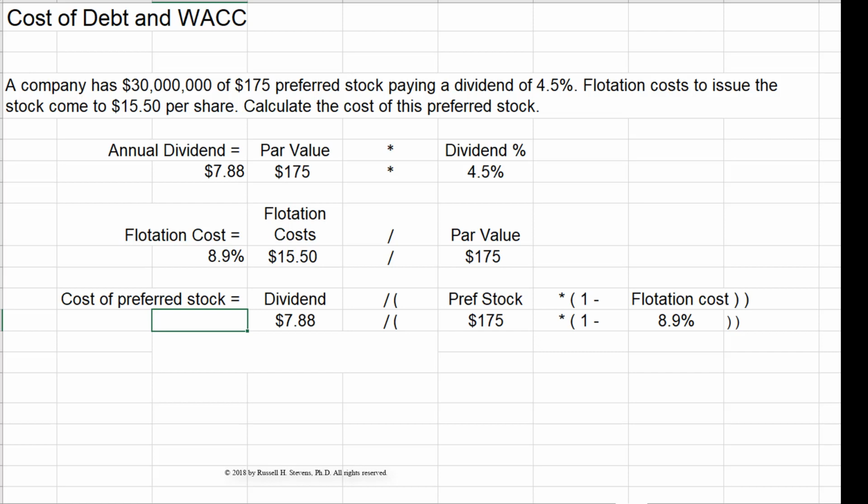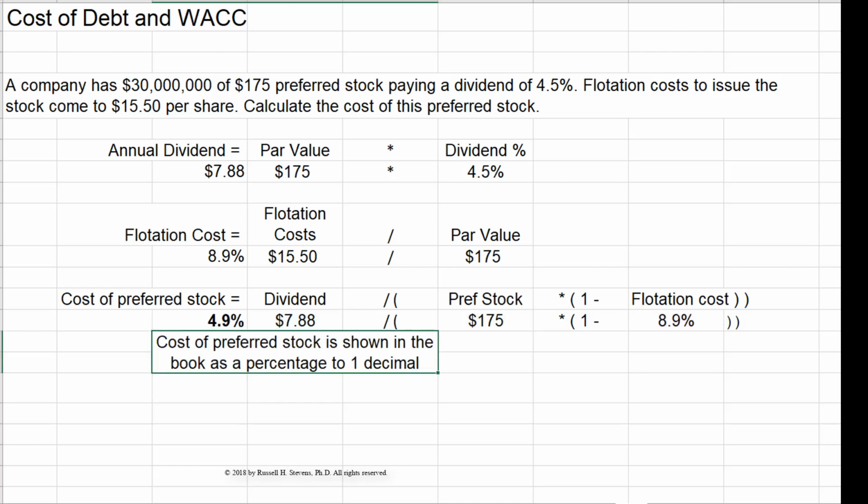Highlight the workbook cell under Cost of Preferred Stock, type in an equal sign, highlight the $7.88, type in a slash followed by an open parenthesis, highlight the 175 to the right, type in an asterisk denoting multiplication followed by an open parenthesis followed by a 1 and a minus sign. Highlight the 8.9%, type in 2 close parentheses, and press Enter. The cost of preferred stock is 4.9%.